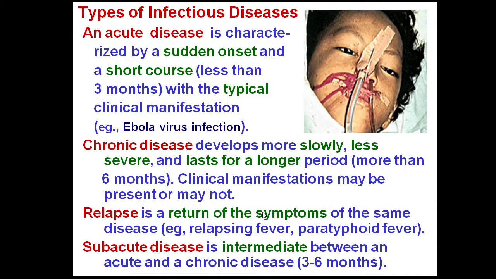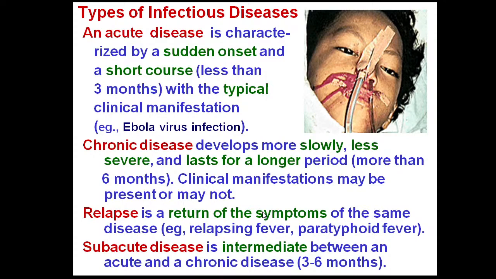Then, a very important clinical subdivision of infection is into acute or chronic. Acute disease is characterized by sudden onset and a comparatively short course of the disease. Usually short means less than 3 months, and usually with typical clinical manifestation of the disease.